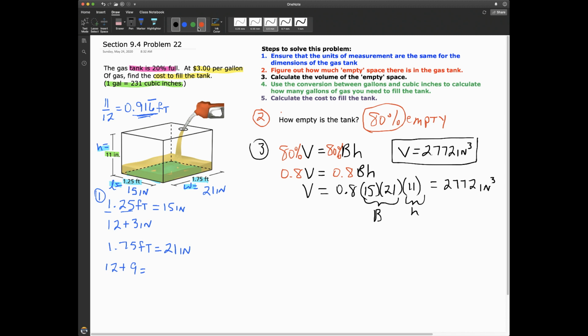All right, the next part, part four. What do we have to do in this part? It says use a conversion between gallons and cubic inches to calculate how many gallons of gas you need.